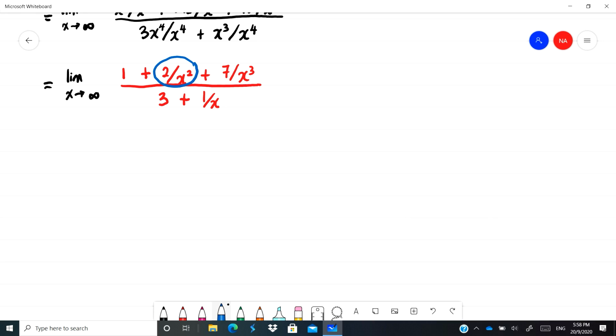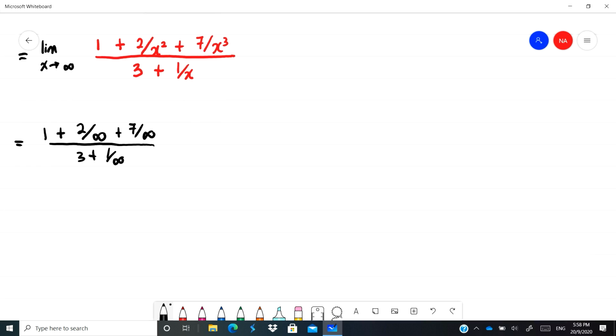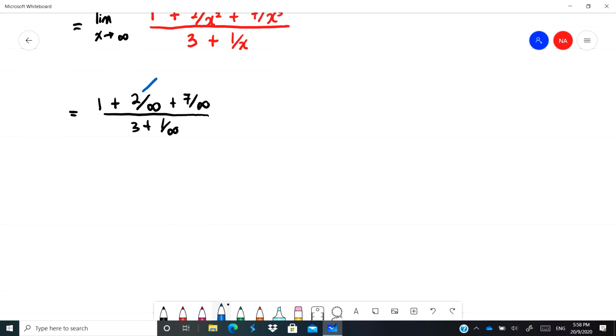So if we substitute x with infinity, we have 1 plus 2 over infinity plus 7 over infinity, over 3 plus 1 over infinity. We know that anything divided by infinity goes to 0, so we'll have 1 plus 0 over 3 plus 0, and your final answer will be 1 over 3.